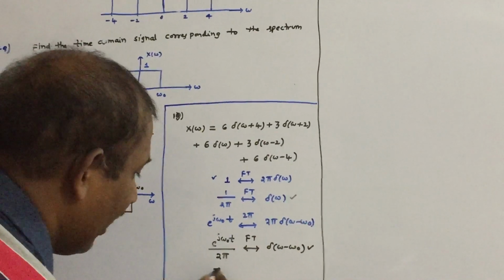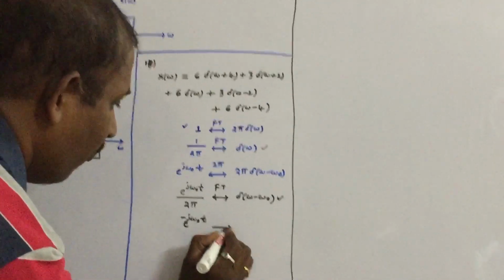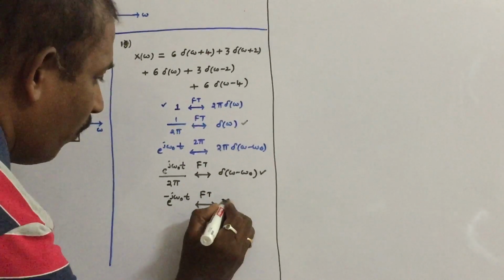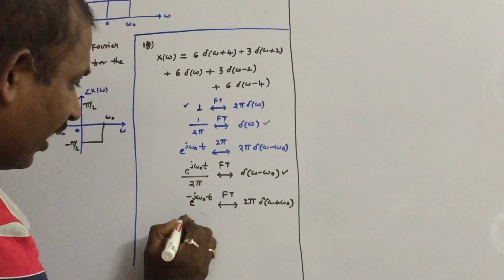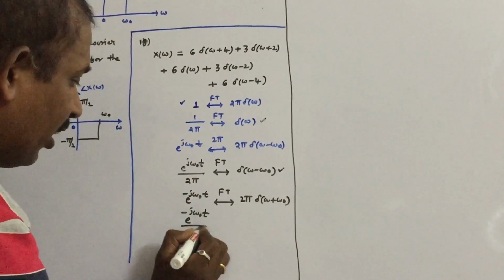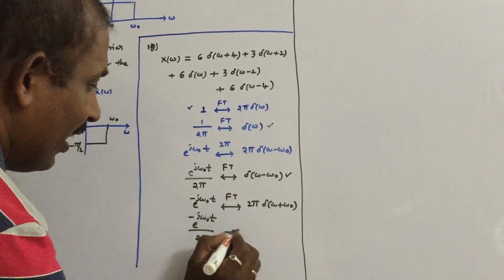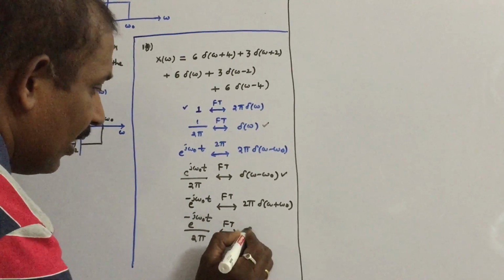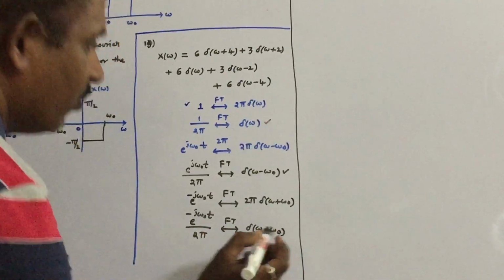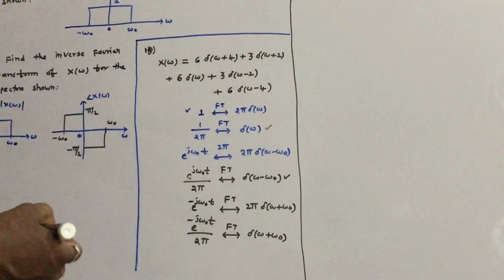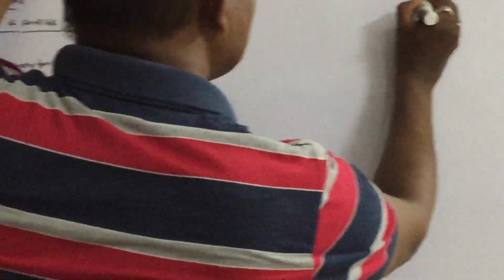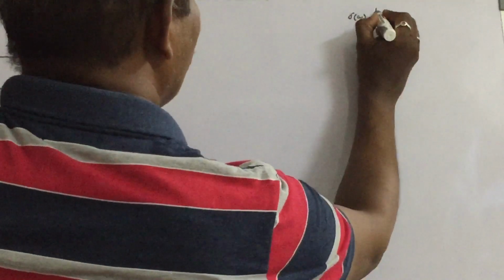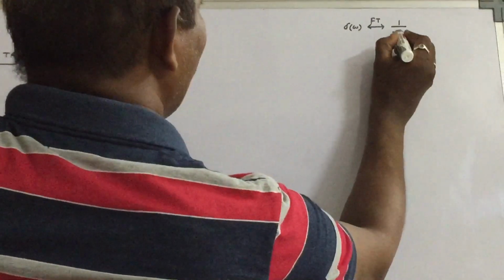Similarly, the Fourier transform of e power minus j omega 0 t is 2 pi into del of omega plus omega naught. Bring 2 pi to the left side: the Fourier transform of e power minus j omega 0 t by 2 pi is del of omega plus omega naught. So use these three relations. I am writing these three relations. Therefore, the inverse Fourier transform of del of omega is 1 by 2 pi.